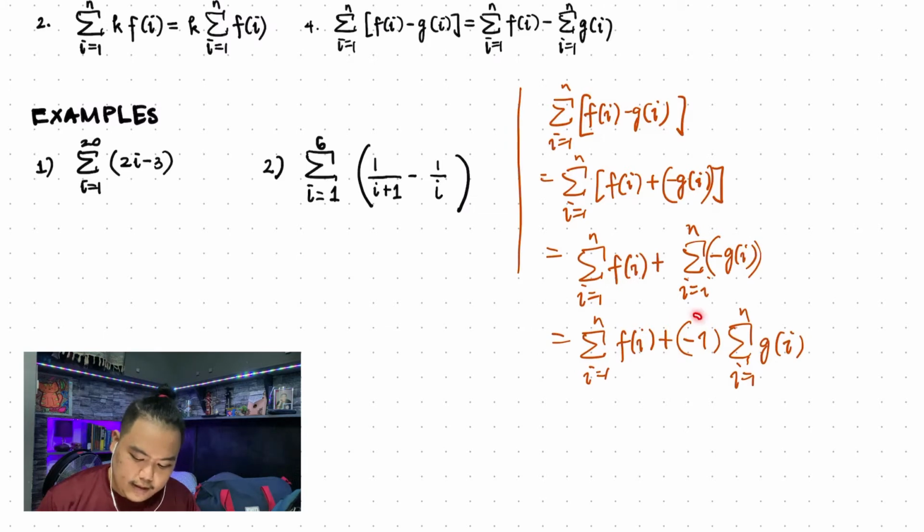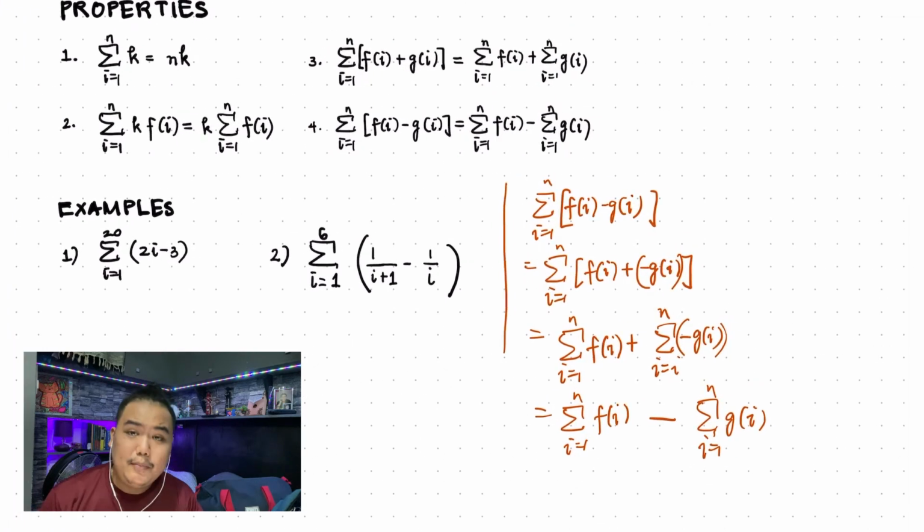But, plus negative is the same as minus sign. Kaya mayroon tayong property na ito. At yung the rest ng property, mapuprove mo yan using yung definition ng summation notation and using the associativity and commutativity of addition.